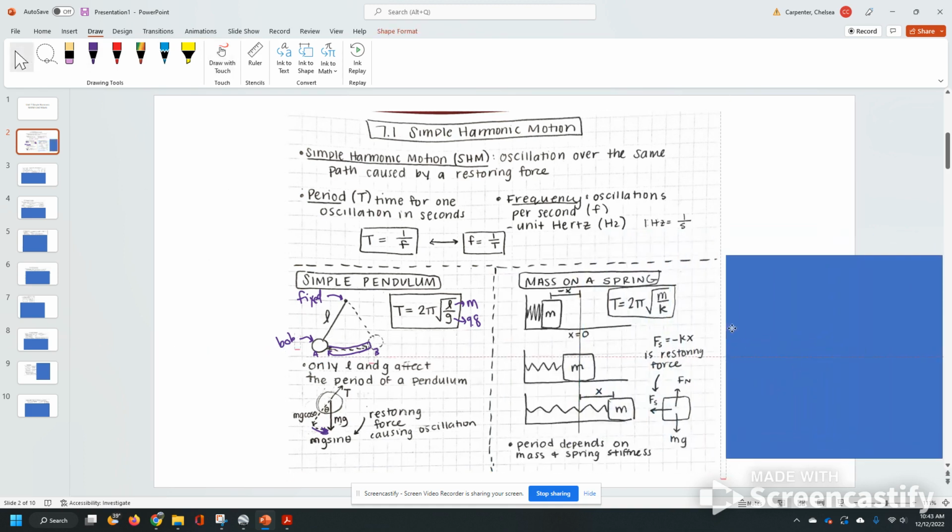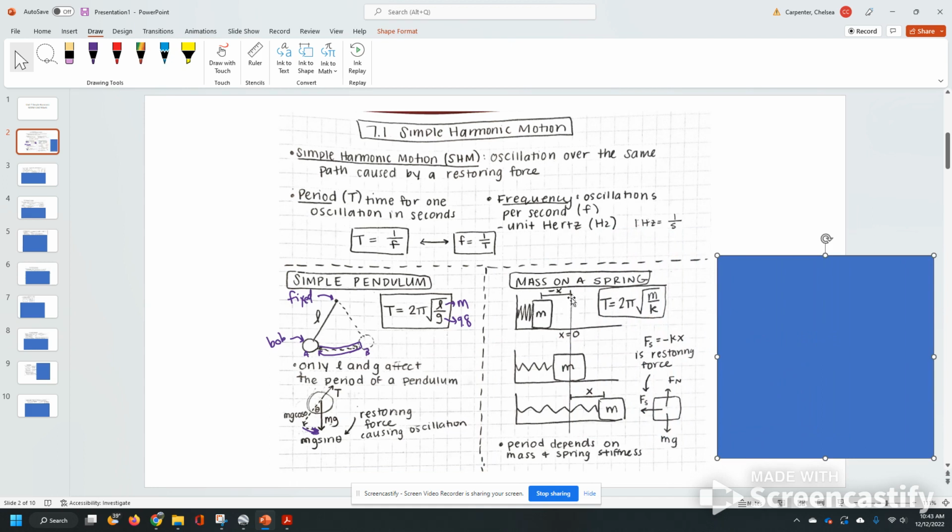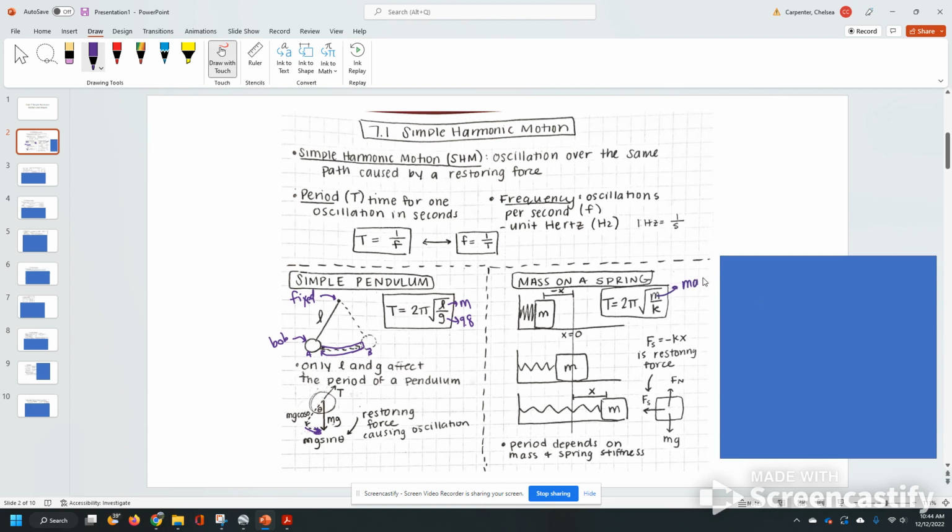And then the other scenario that we'll talk about is a mass on a spring. So imagine a mass that's connected to a spring. Let's say this is a frictionless surface. The period is going to equal 2 pi times the square root of m, which is the mass of the block, over k, which is the spring constant.